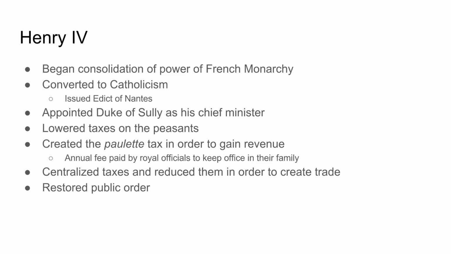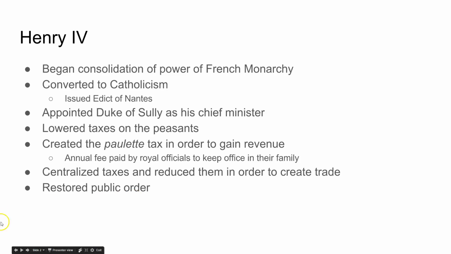Like, if you want to be this duke, every year you're going to have to pay me money. If you want to be the tax collector in this area, you're going to have to pay me a fee. If you want to be in charge of the judiciary in this area, you'll have to pay me a fee. So it's a way for the king to really create revenue without increasing taxes necessarily. He's just selling off offices, which is a problem in its own right, but for now it kind of works.